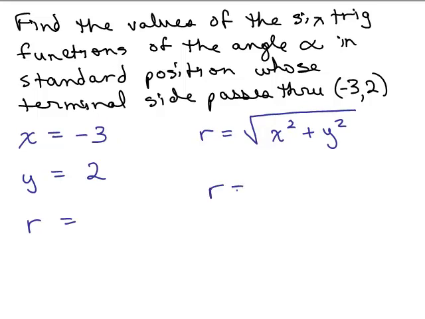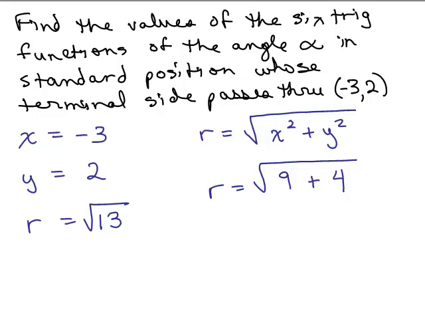So in our example, since x is -3, x squared would be -3 times -3, which is 9, plus 2 squared, which is 4. You're always going to be adding two positive numbers. So r in this case is the square root of 13. Remember, you have to add inside the square root.